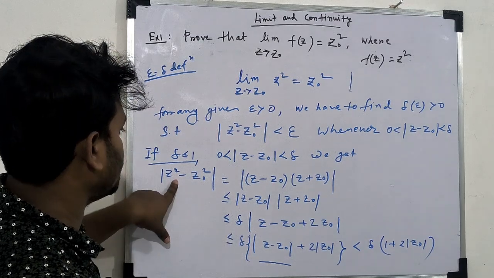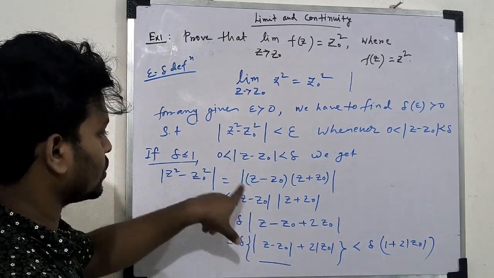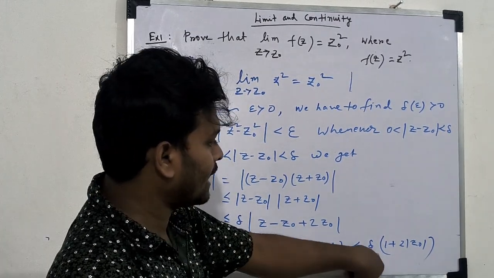Using these two we get modulus of z squared minus z0 squared less than delta times this.